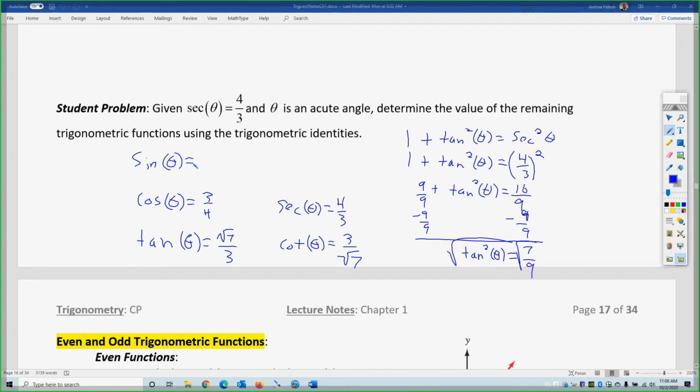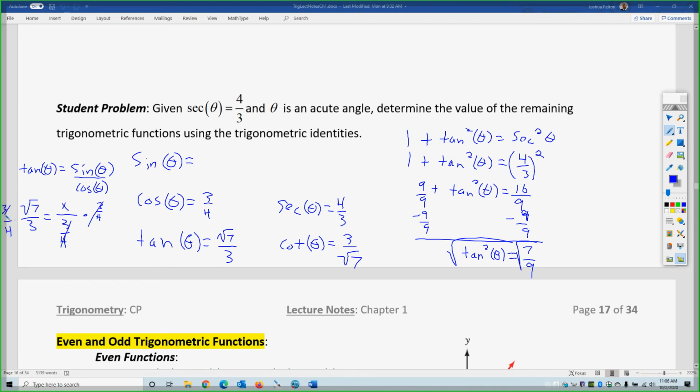right? Because we know that tangent is sine over cosine. We have tangent, which is root 7 over 3. We don't have sine, let's call that x in the meantime. And cosine is 3/4. So I'll just multiply each side by 3/4.